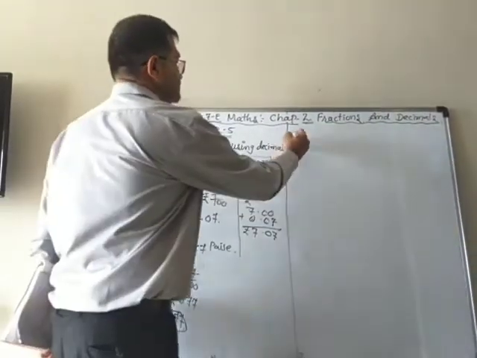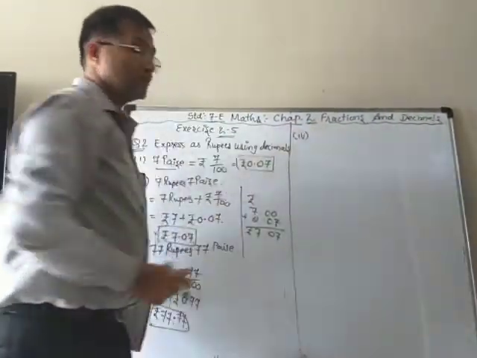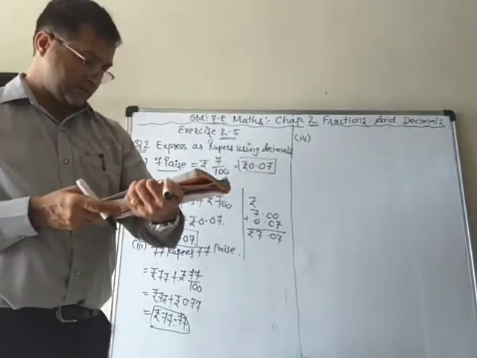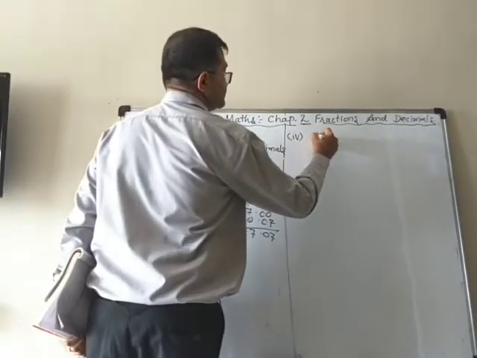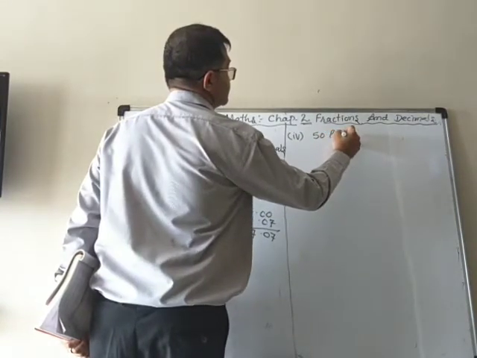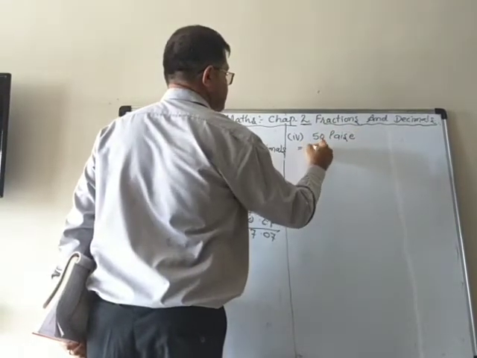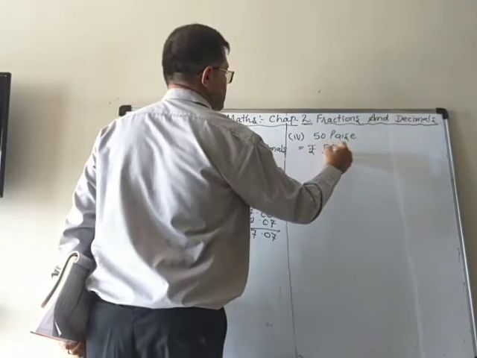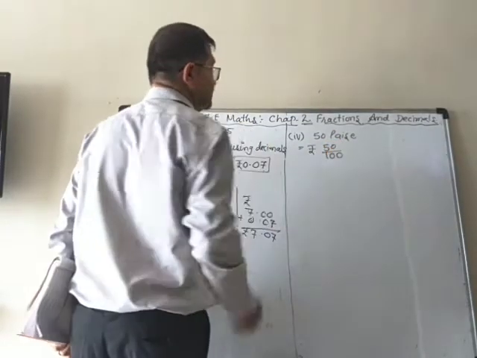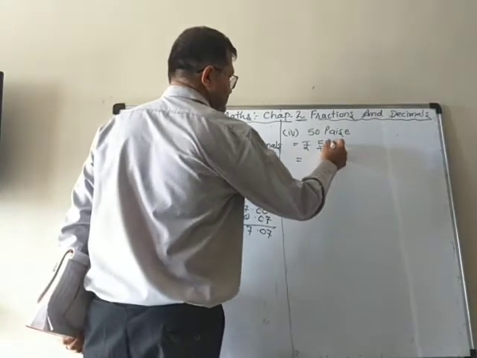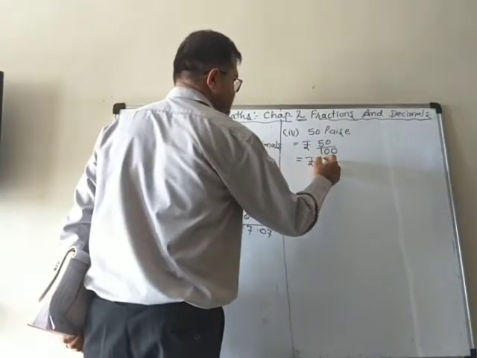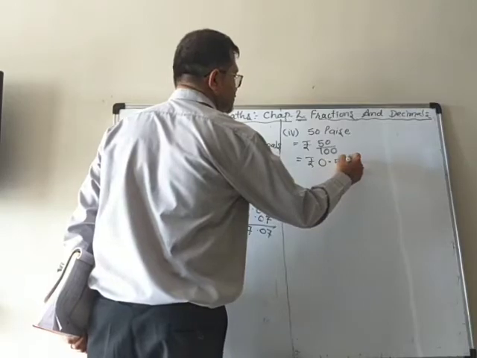Next, the fourth one is only 50 paise. 50 paise means rupees 50 upon 100. So here 2 decimals is equal to rupees 0.50.